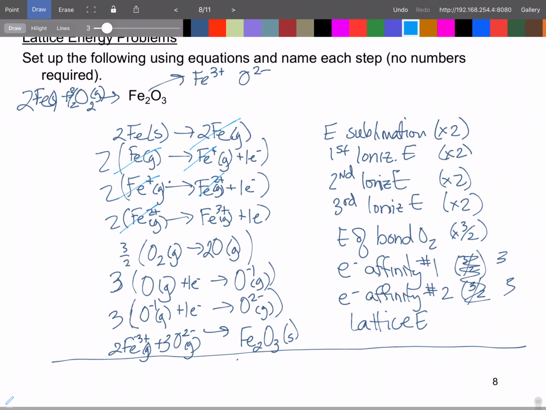The electrons, we've got 2, 4, 6 electrons, and we've got 3 times 1, so we have 6 electrons here, so all electrons cancel. We're left with 3 times 2, which is 3 O's. So there's my 3 O's. There's my 3 negative 1s.